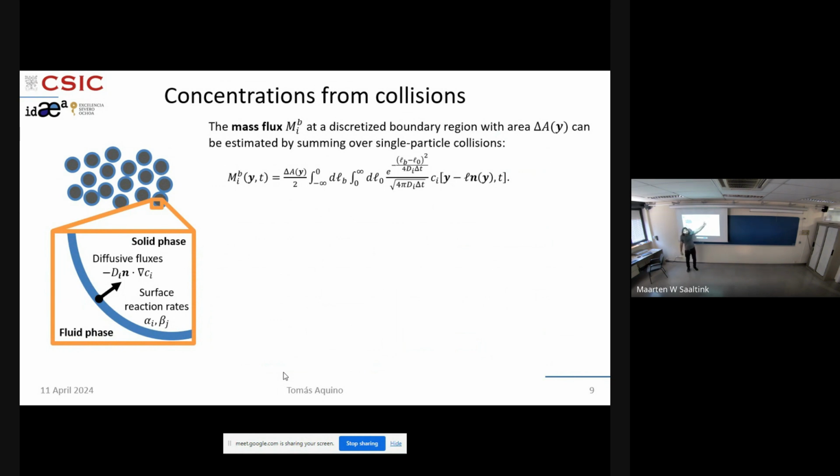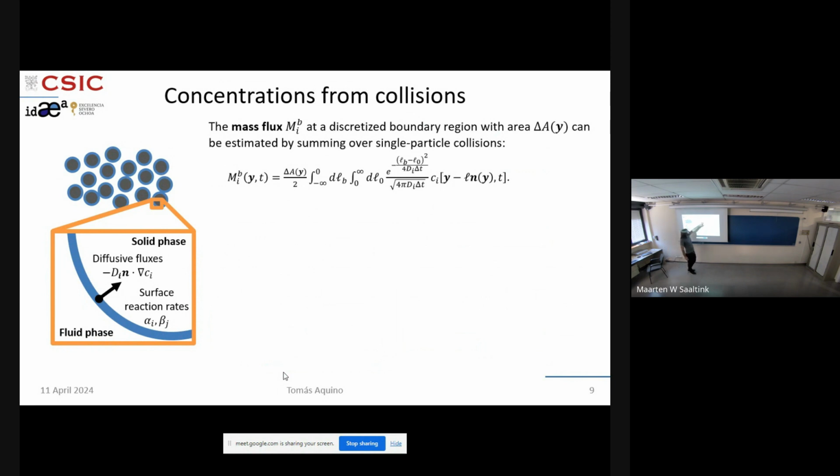This term here is just the Gaussian kernel that looks at a particle trying to diffuse into the wall. But then we have to weigh our diffusive flux with the concentration field that we actually have near the wall. That's what this term is doing. So y is the position of the wall, and then we have a small deviation from the wall. There's a minus sign because by convention I put the unit normal into the solid.